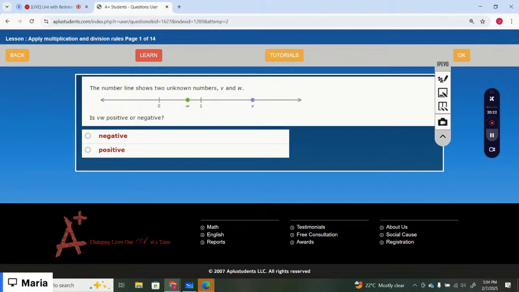So their product VW is also positive, because the product of two positive numbers is always a positive number. So VW is positive.